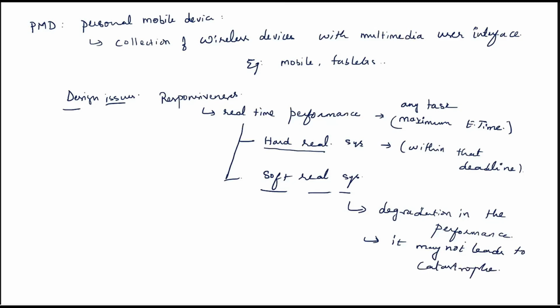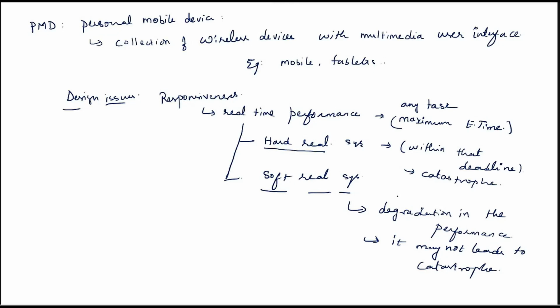In an aircraft, if something is not working within 5 minutes, there is a chance the flight may break, so that kind of task comes under hard real-time systems. The other kind of task, soft real-time, may be executed after the deadline also, with some degradation in performance, but it may not lead to catastrophes.